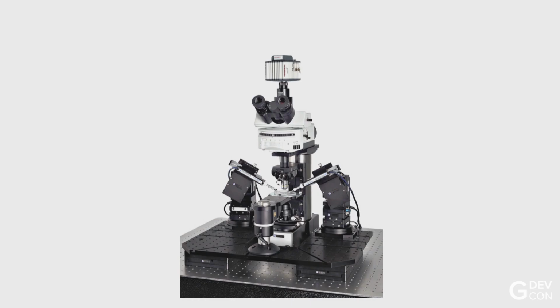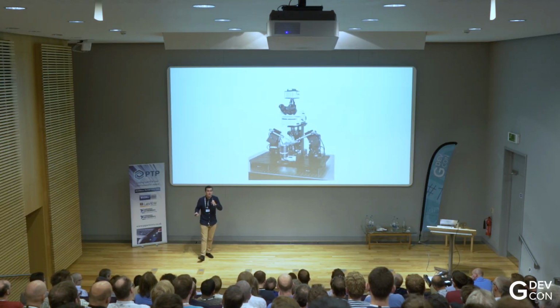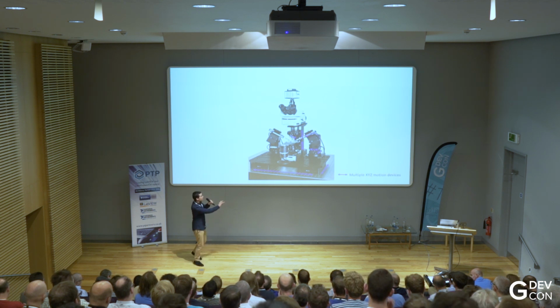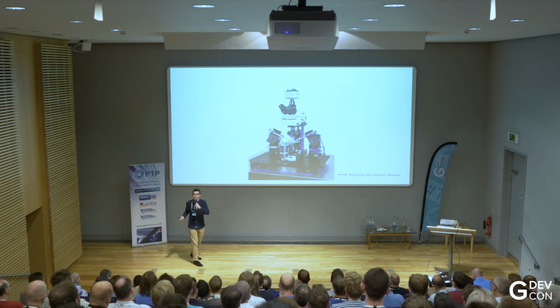So at Scientifica, I produce control software for multiphoton microscopes like this. And for our users, they see a variety of different aspects with our microscopes. So the first thing here is that there's lots of moving parts on the microscope.